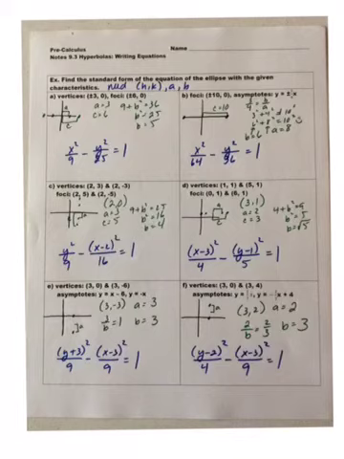Okay, so F. Vertices are 3, 0 and 3, 4. And we have our asymptotes. So right in the middle of 3, 0 and 3, 4 is the point 3, 2. So there's our center. The distance from the center to the vertex is 2. So that's going to be our a value. And our slopes are 2/3 and negative 2/3. So since our a is 2, that's our rise.